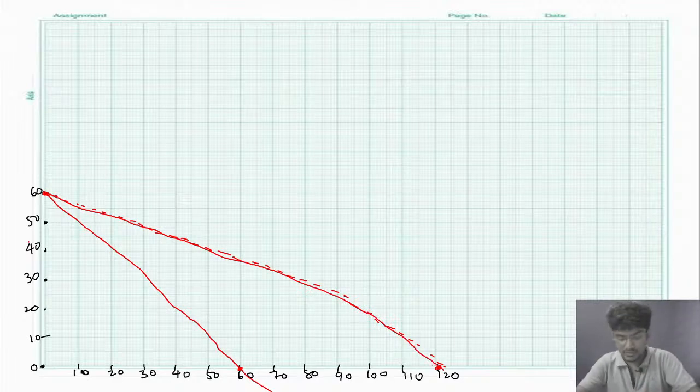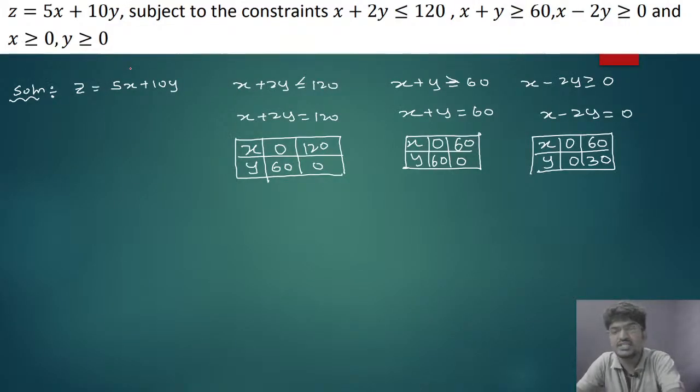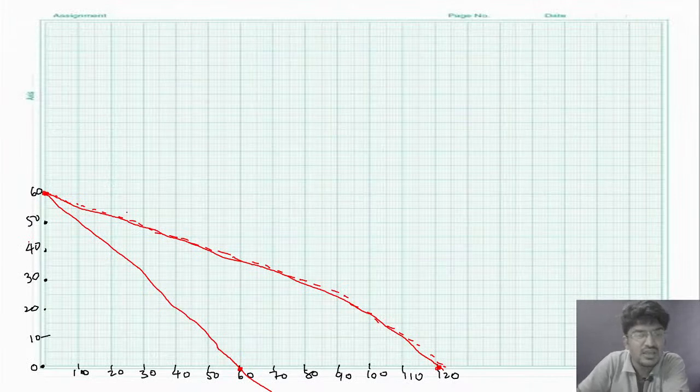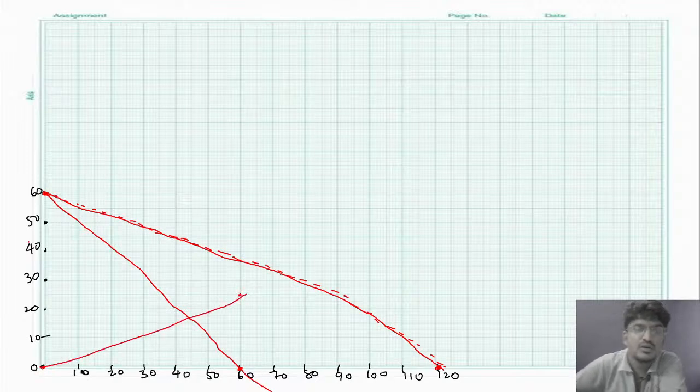And see the third one, that is x is 0, y is 30, x is 60, y is 30, and 0 comma 0 is the line.